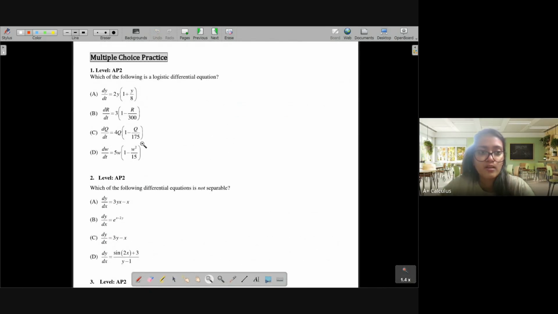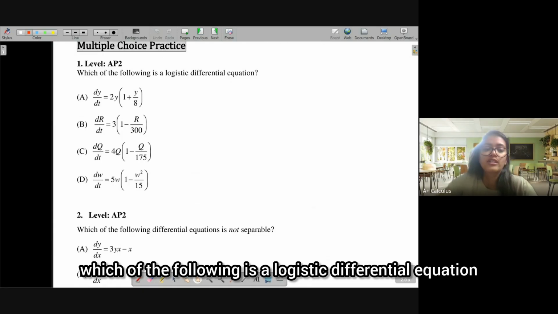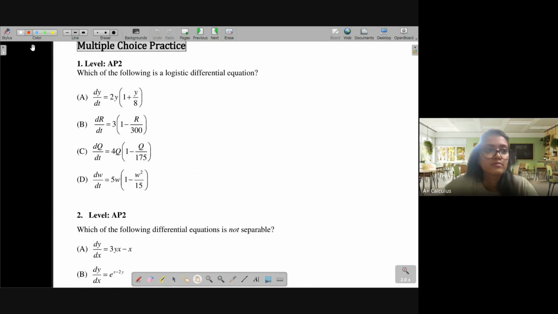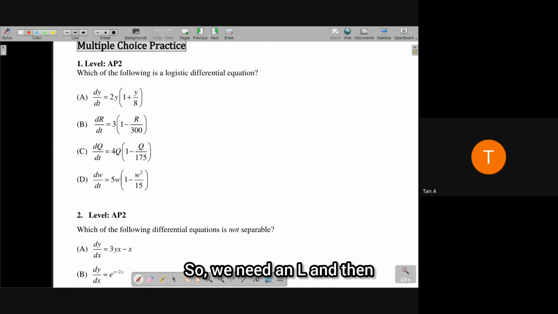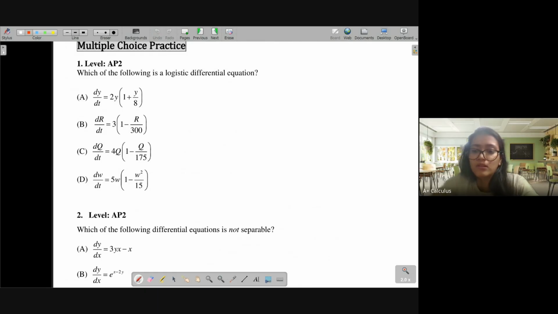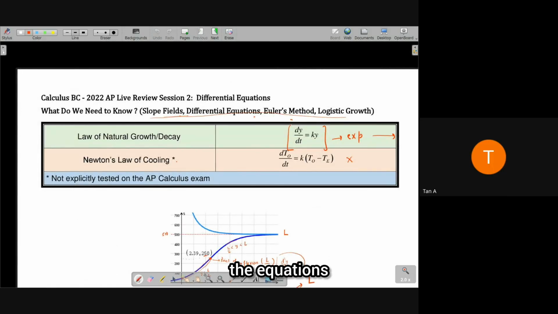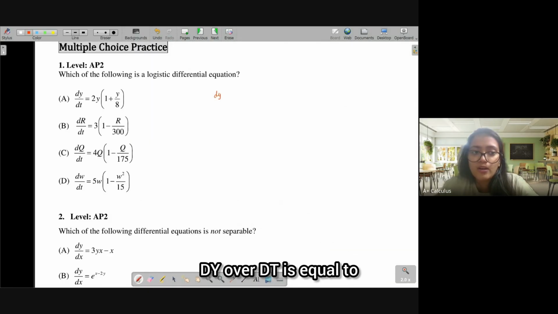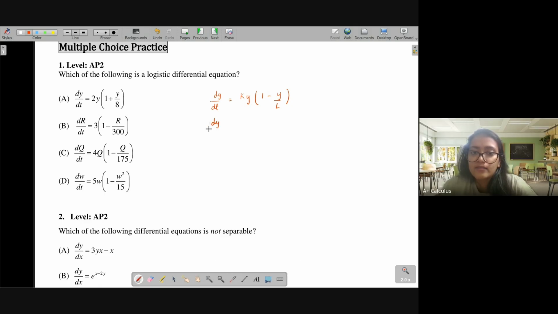See the first one. Which of the following is a logistic differential equation? So first you should write the equation. dy over dt is equal to ky times 1 minus y over L. And if you distribute this, you will get dy over dt is equal to ky times L minus y.